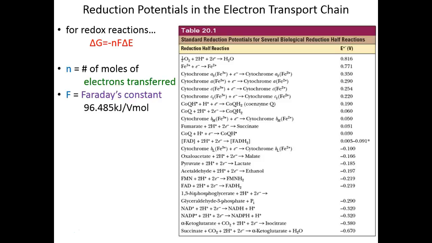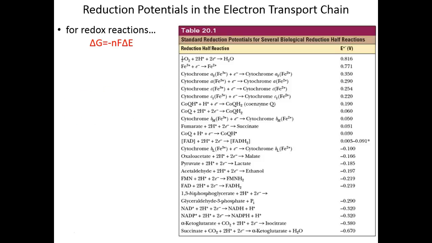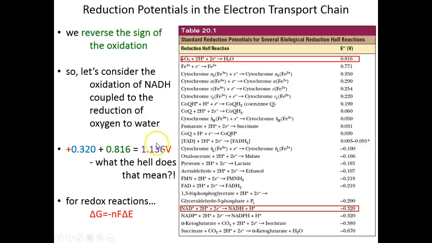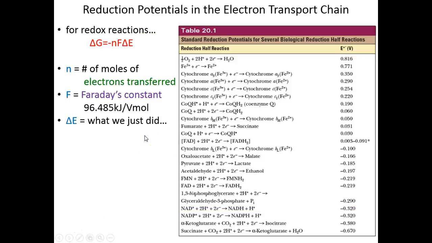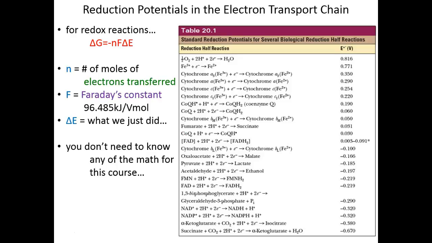F is Faraday's constant, which all of us know is 96.485 kilojoules per volt mole, times delta E. Delta E is the value we just calculated. Now let's think about that mathematically. I'm not going to ask you to calculate any delta G's here, but we're going to use this formula to teach us something very important right now.